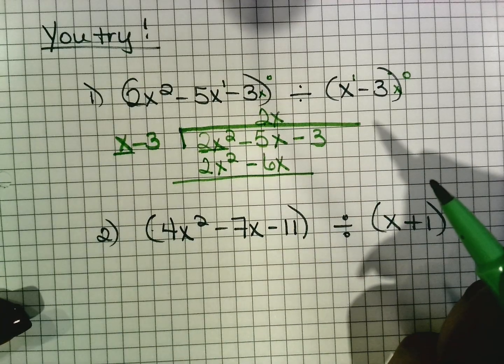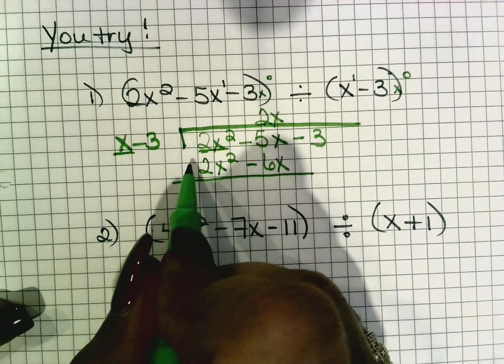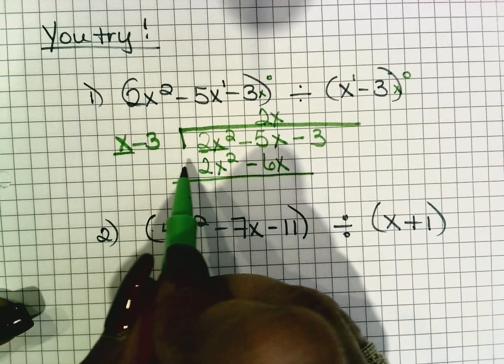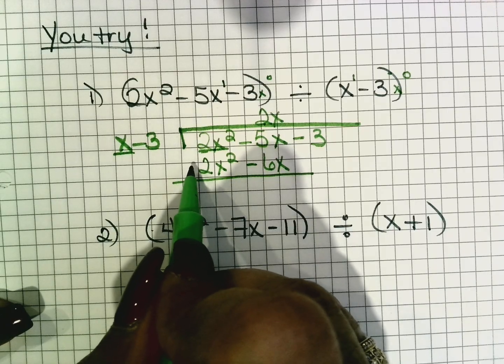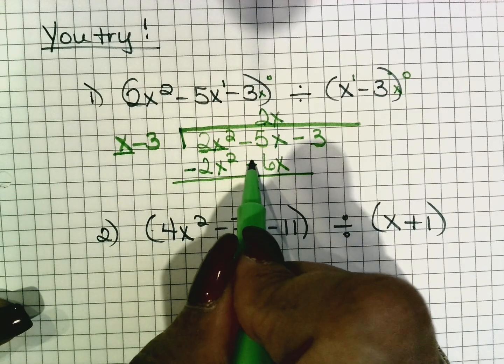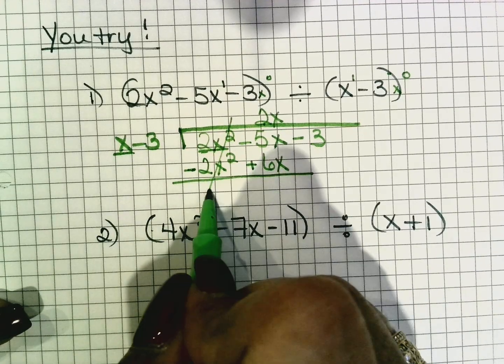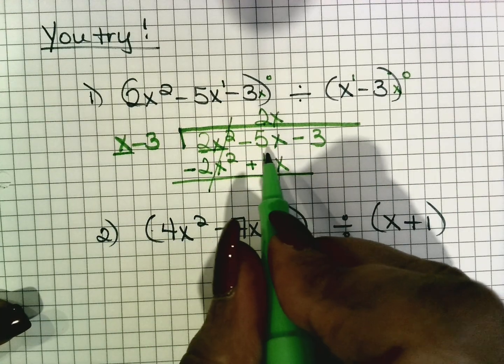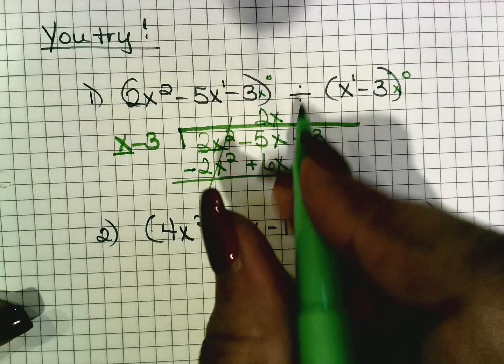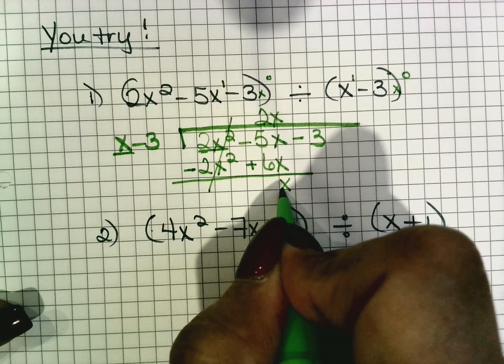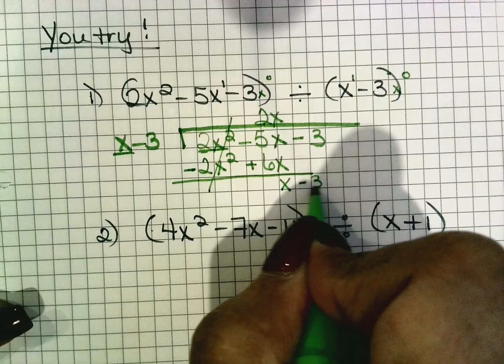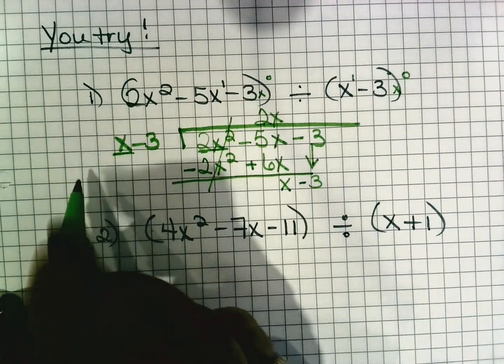And now we're going to subtract. Remember subtraction, the way I do it, just change the signs down here and you're ready to go, and then just add. So 2x squared minus 2x squared should go to 0, which it does. Negative 5x plus 6x is just x, and bring down the next number.